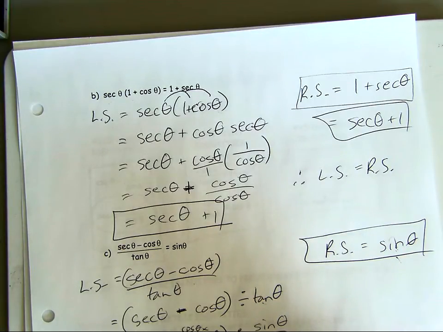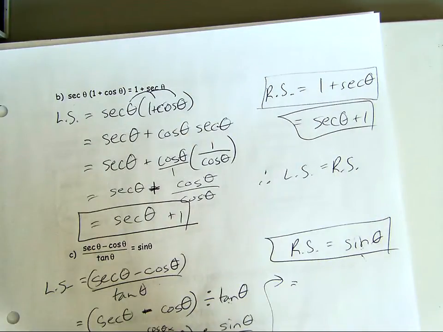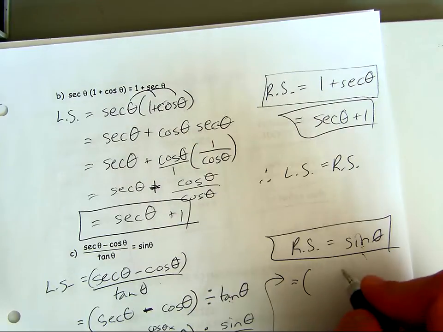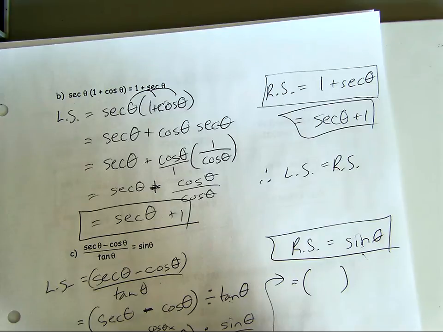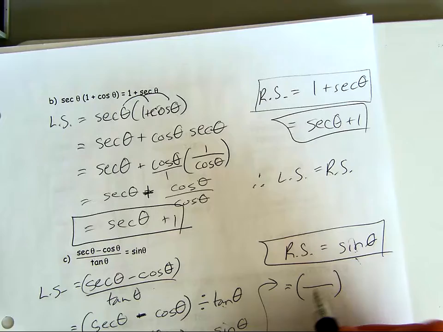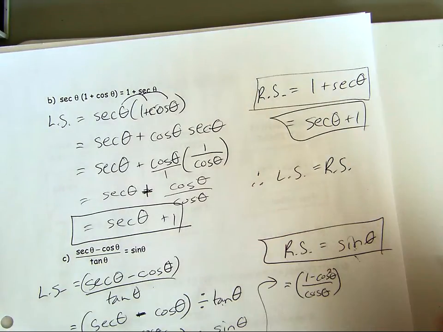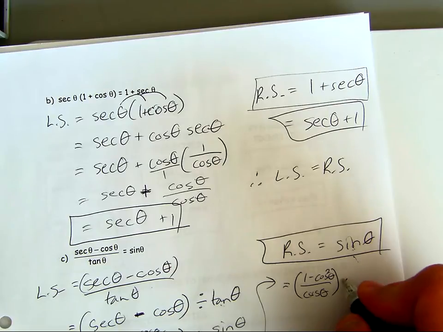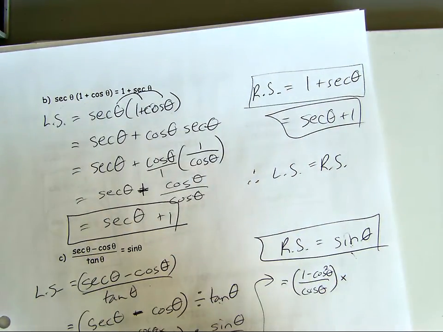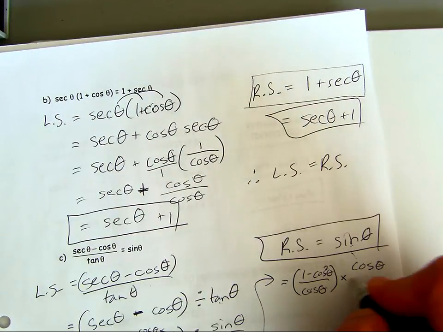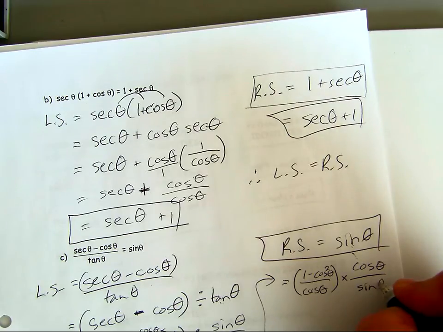Continuing this, now I can subtract that fraction. Subtract fractions, keep the denominator the same as cos theta, and subtract the top, 1 minus cos squared theta. And then I'm going to change that to multiplied by cos theta over sine theta, because that's how we divide fractions.